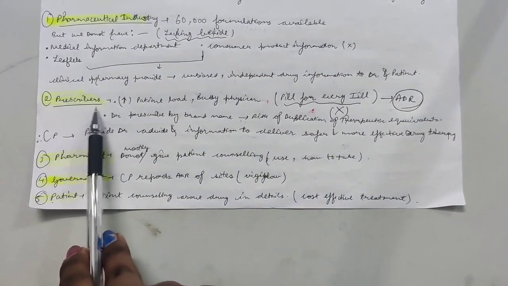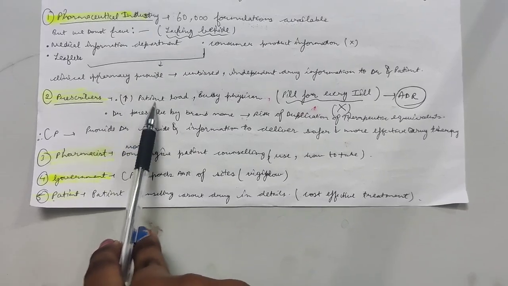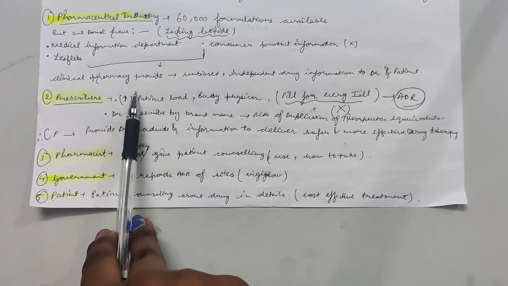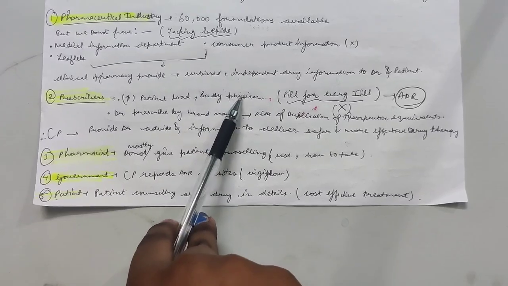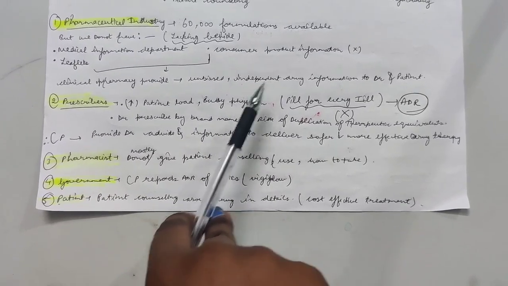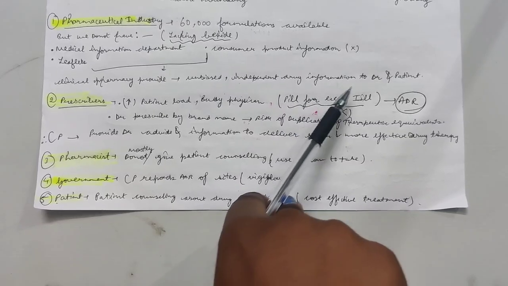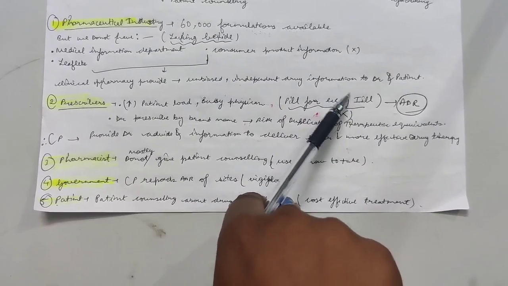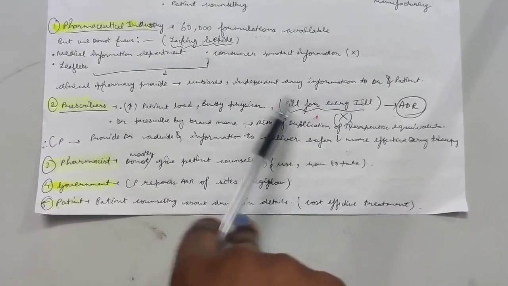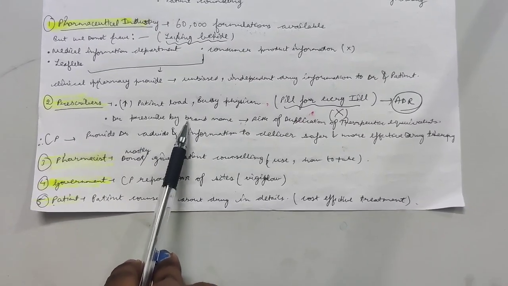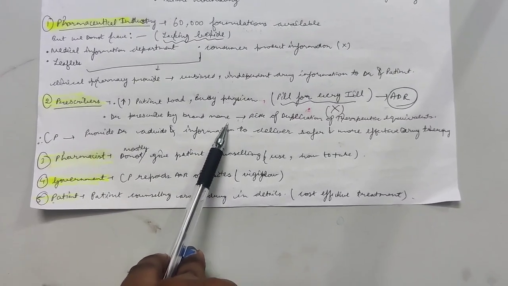Second is prescribers. As the patient load on the physician is increasing day by day, the physician is very busy and gives a pill for every ill, but this is a very wrong practice. The physician or the doctor should prescribe the drug by the brand name.